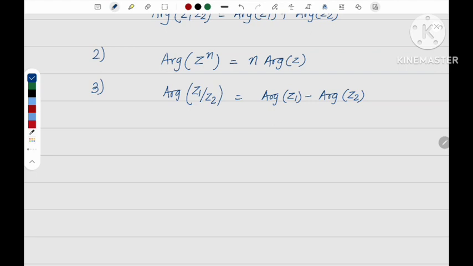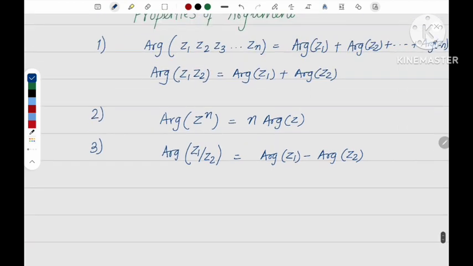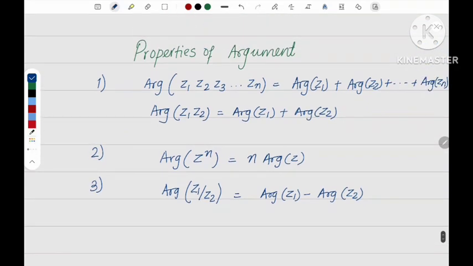So this is another important property that we will use, and I think for the time being we will see only three properties of argument, and that will be sufficient for us to solve most of the complex number problems in 11th and 12th standard and in competitions like JEE and other engineering entrance exams.